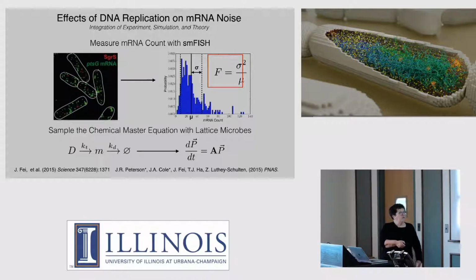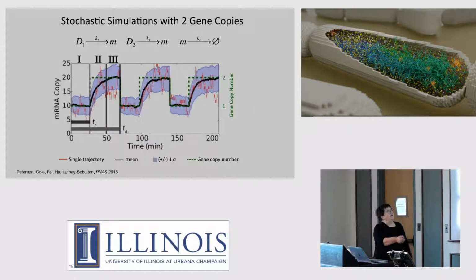And we tried to fit it with a simple chemical master equation, ignoring initially the spatial distribution, and we could never get the full width of this correctly described until we took into account the fact that after a certain time, you have a second copy of the gene, and it too is making messengers.